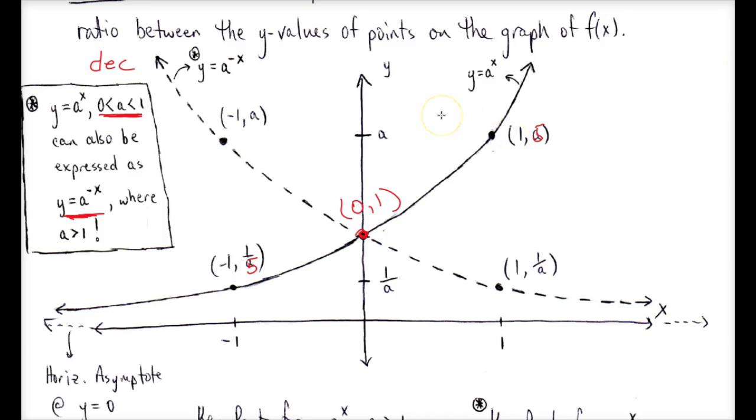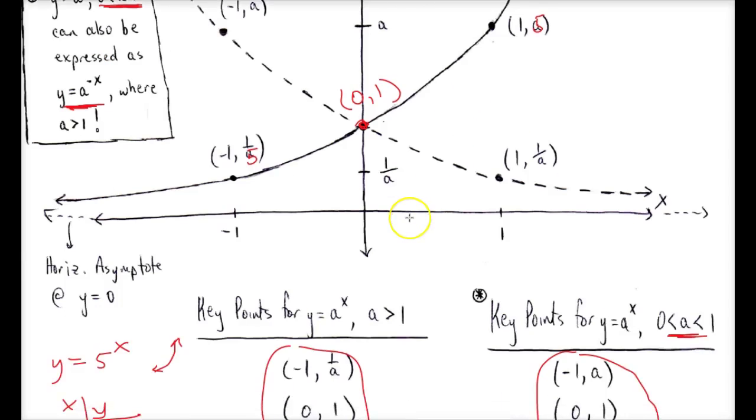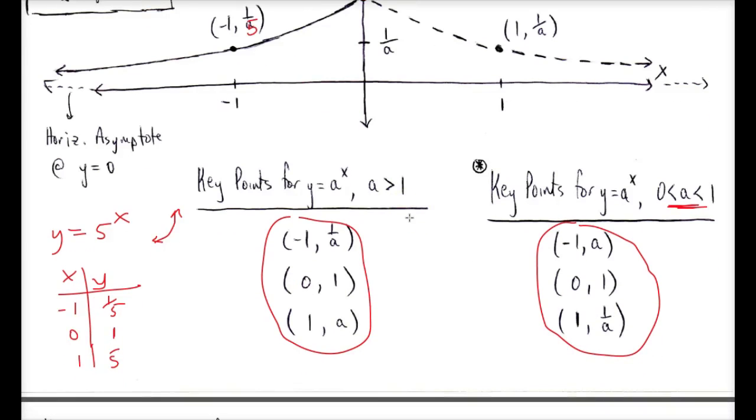Okay. So if we look at the case where we have an exponentially decreasing function, we know that we could express it this way, or we could express it as 5 raised to the negative x. Then everything stays the same. But notice here that we're still going to have -1, 0, 1, but now our a is actually 1/5 now.